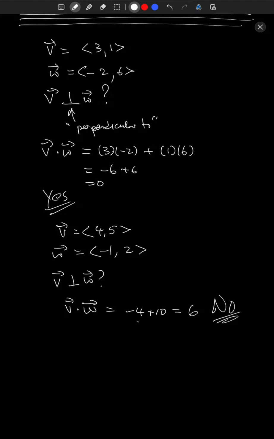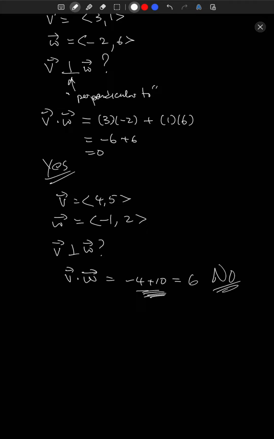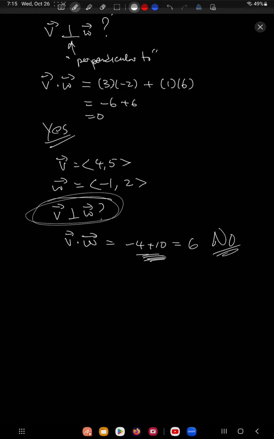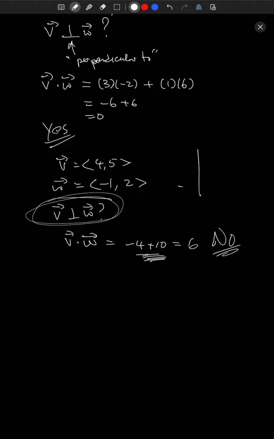You only have to know how to add and multiply, and you can figure out a pretty advanced question: are these two perpendicular? Just think about how you would have done this before today. You would probably have to think about v as this vector here, w as this vector here, and then somehow figure out that angle.